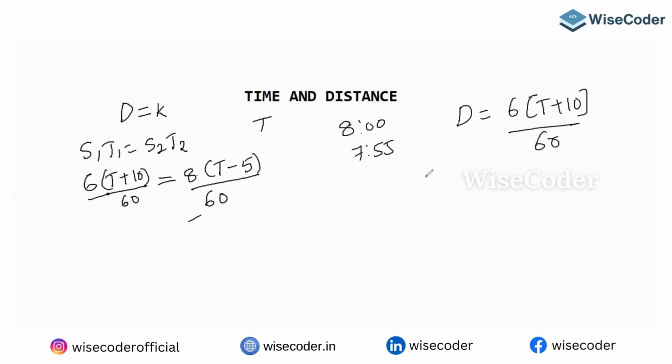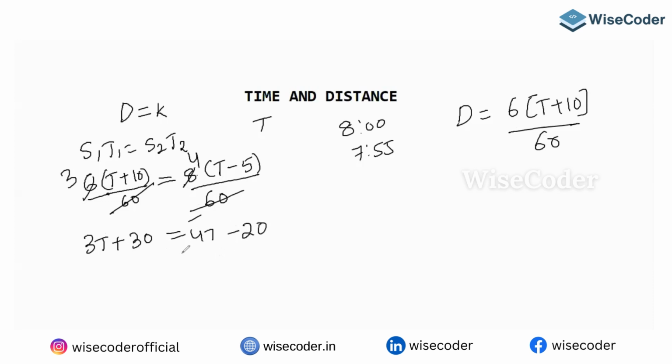This is how I got my distance. Now let's calculate this. 60 gets cancelled. 2 3s are 6, 2 4s are 8. So this is 3T plus 30, which equals 4T minus 20.